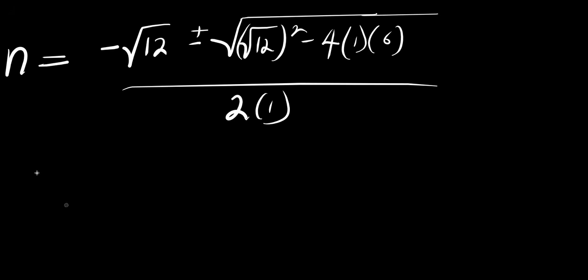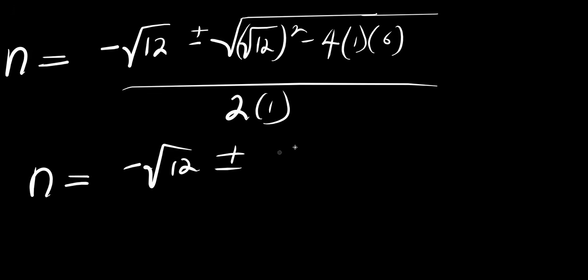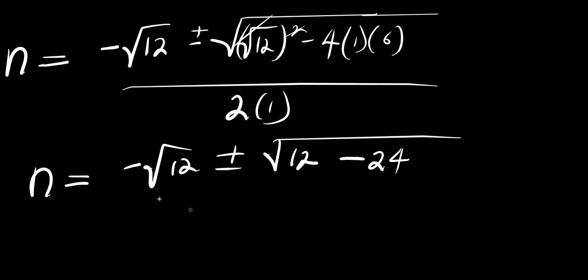So from here we have n equals negative root 12 plus or minus the square root of 12, because this cancels this, minus 24, divided by 2.